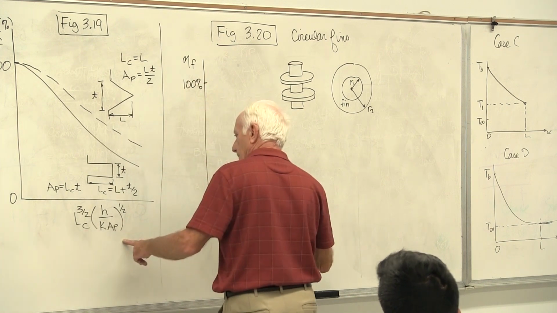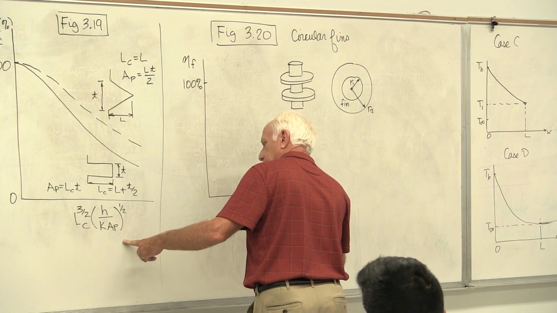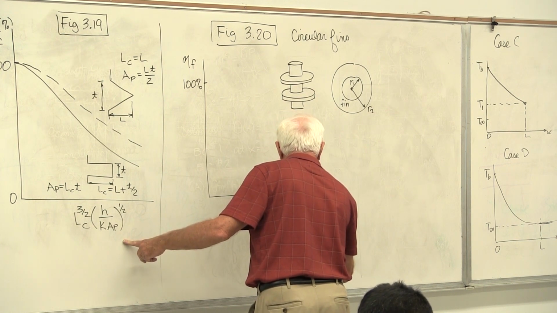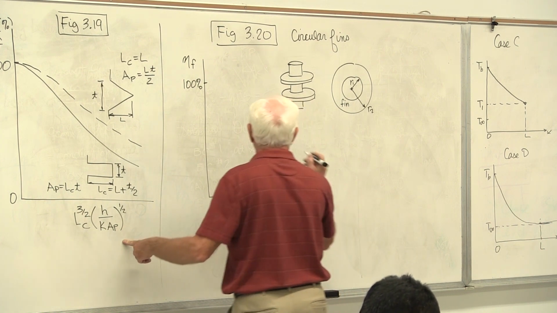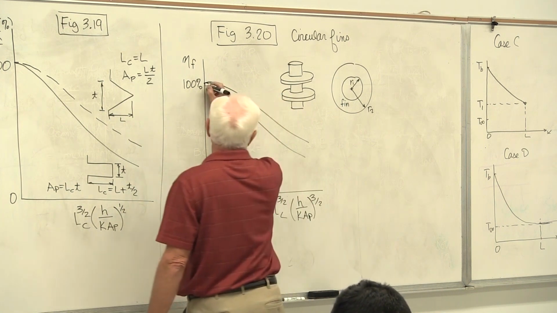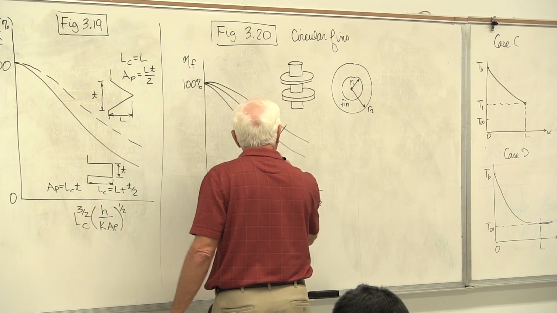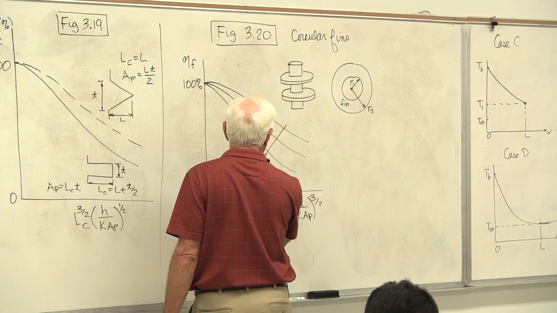The x-axis variable is L sub C, same as the previous one. There are different lines on the same graph, each with a different value of R2C over R1.